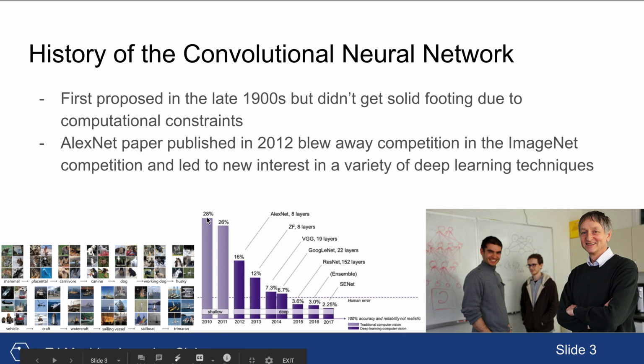I should probably find the y-axis on this graph. But going down is a good thing, right? You can see that there is a huge improvement between 2011 and 2012, and this was when AlexNet was introduced.